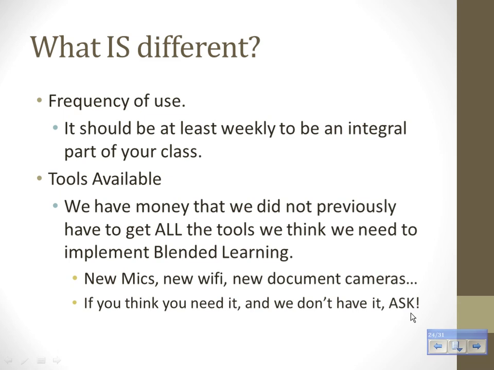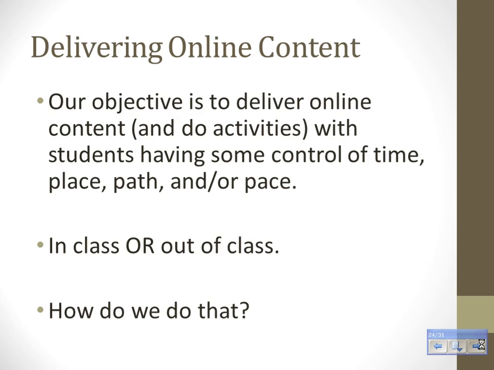If it's $50, I don't think we even need to talk about it. I'll just order it for you. Okay? So it depends on what the price point is. But we have the funding that we haven't had for this. So it's allowed us to do some things that we couldn't do before. So if you think you might need it, please at least come and ask.